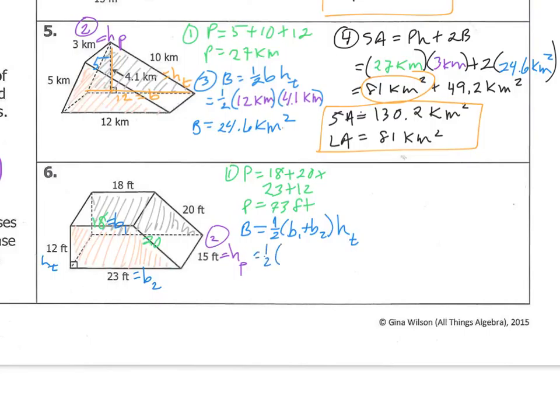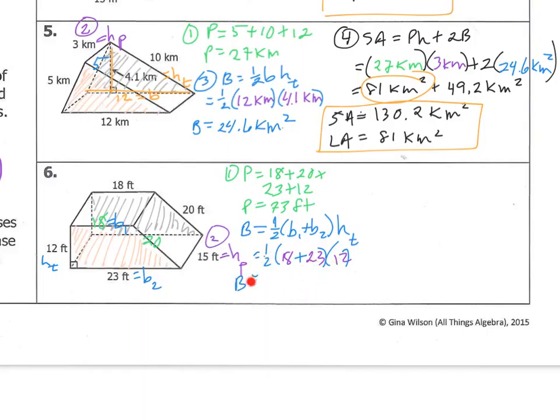1/2 times 18 plus 23, times the height of 12. I'm going to leave out my units of measure because I'm going to run out of room. And you'll notice that I'm going to allow you to just do all this in your calculator at this point, unlike last week, because last week I needed to know what mistakes you were making within here to give you partial credit.